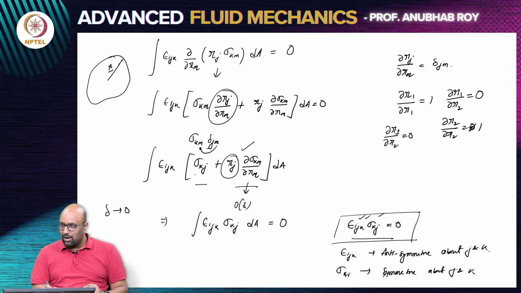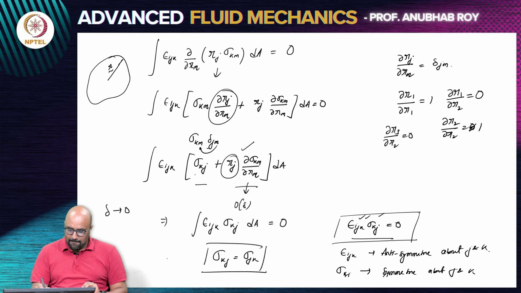The double dot product of an antisymmetric tensor would be 0 when what you are double dotting with, or double contracting, is a symmetric tensor. So what this tells us is that sigma, the stress tensor, is symmetric.